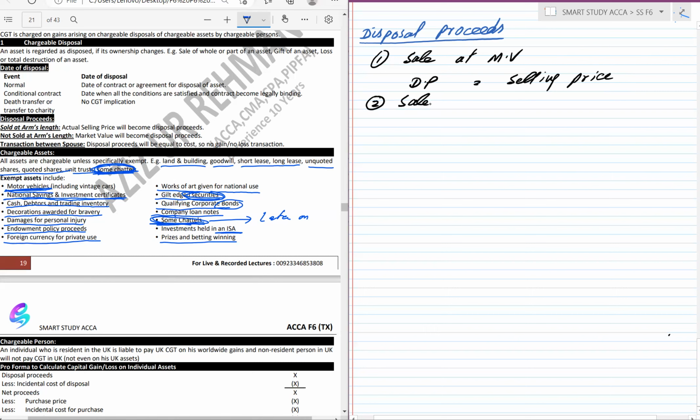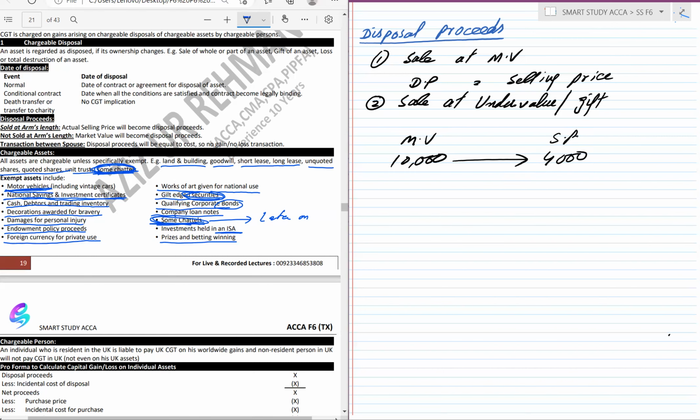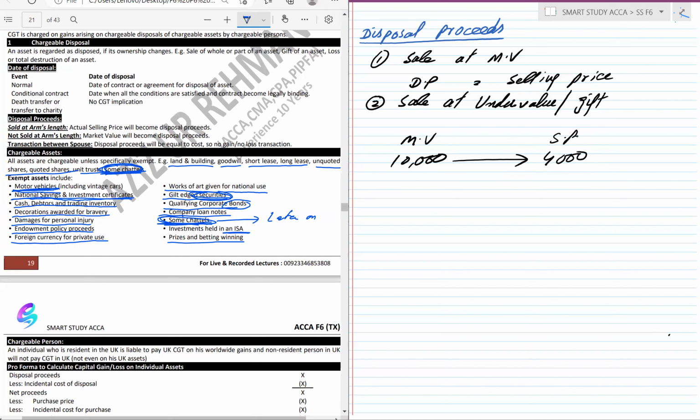But the second case is sale at undervalue or gift. Students, please remember, sale at undervalue is also an example of gift. For example, I have sold an asset having a market value of 10,000 pounds to my younger brother for 4,000 pounds. Market value of the asset is 10,000 pounds, but I have sold it to someone, maybe my younger brother or a friend.